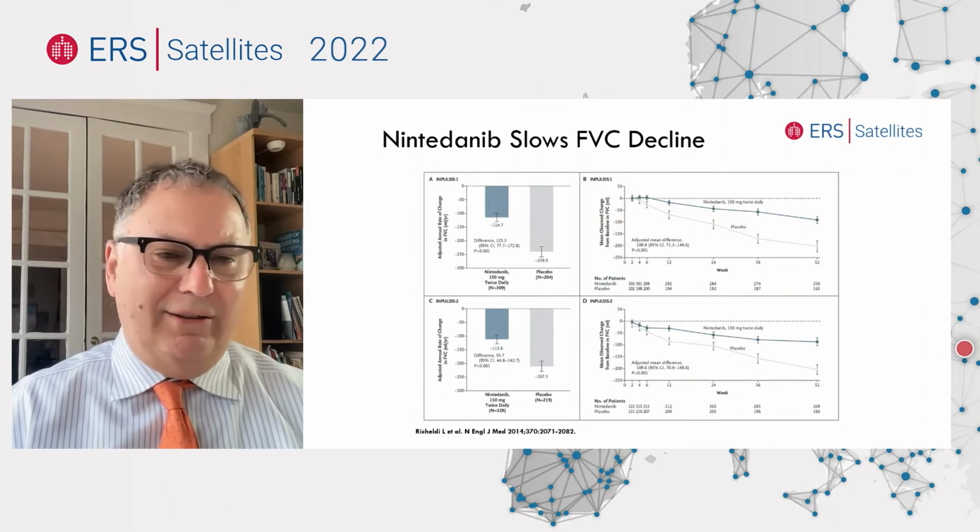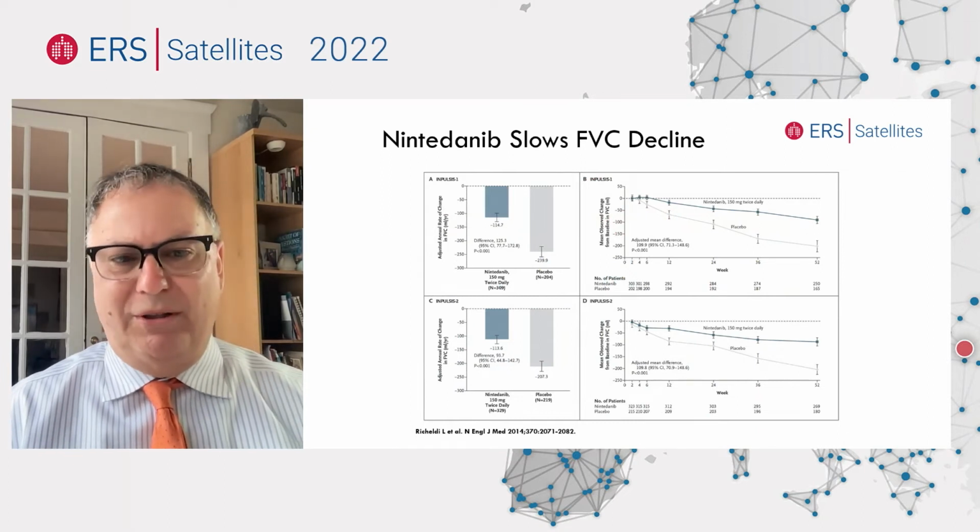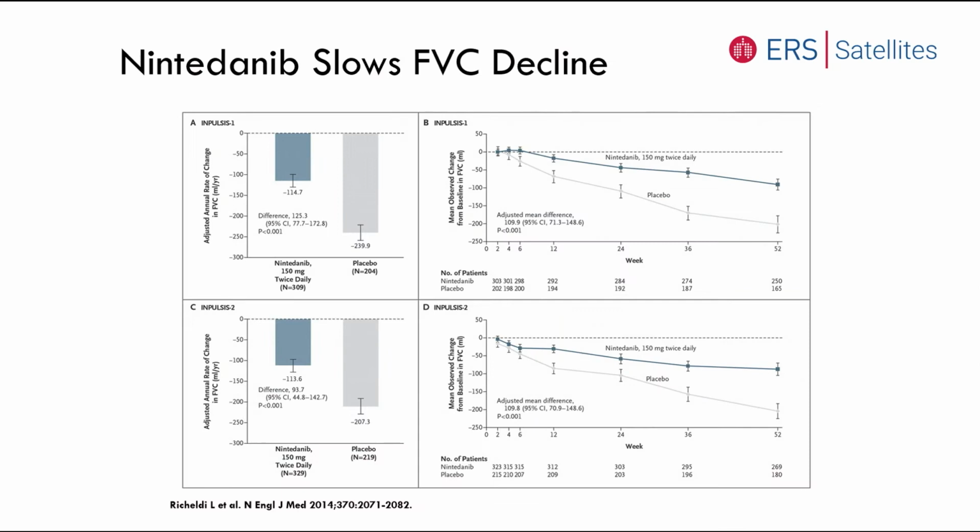Everybody's familiar with these results, but I'll show the magnitude, because what's impressive is that this is a study published 7 years ago and has been replicated multiple times. These antifibrotics really work. What we see is a 40% reduction in the decline of forced vital capacity.